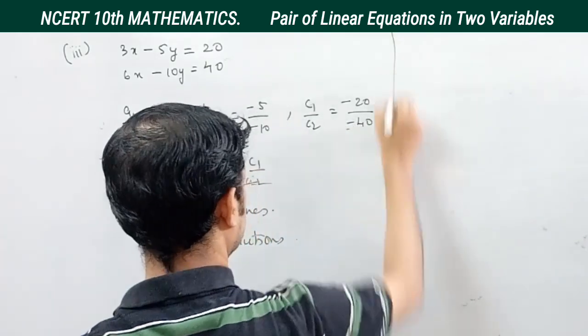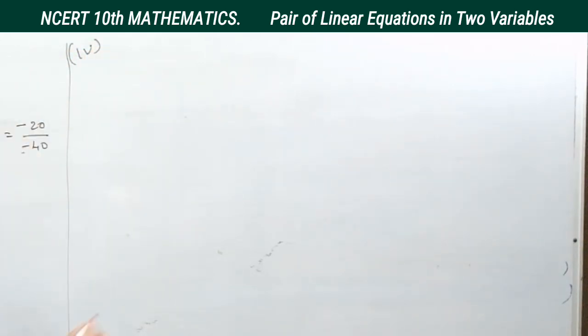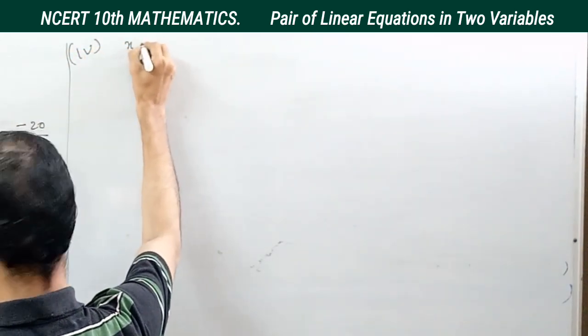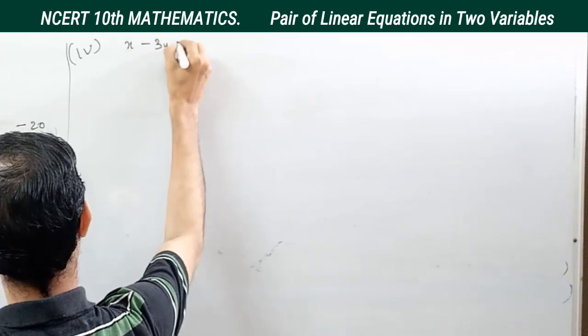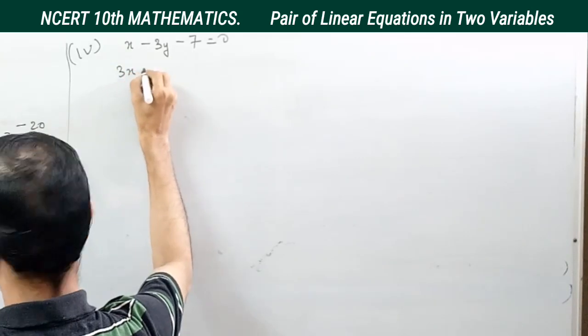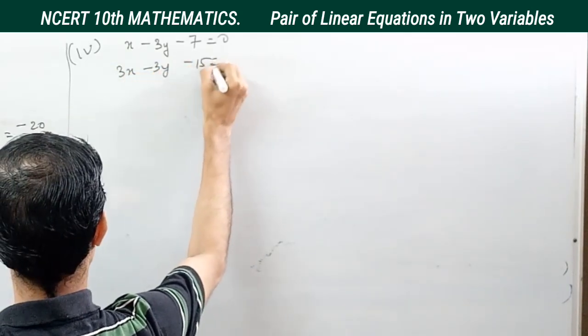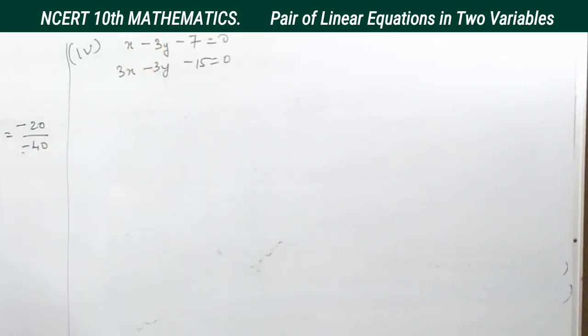The fourth problem says x minus 3y minus 7 equal to 0, and 3x minus 3y minus 15 equal to 0. Clearly 1 by 3 and this is 1, so it has a unique solution.